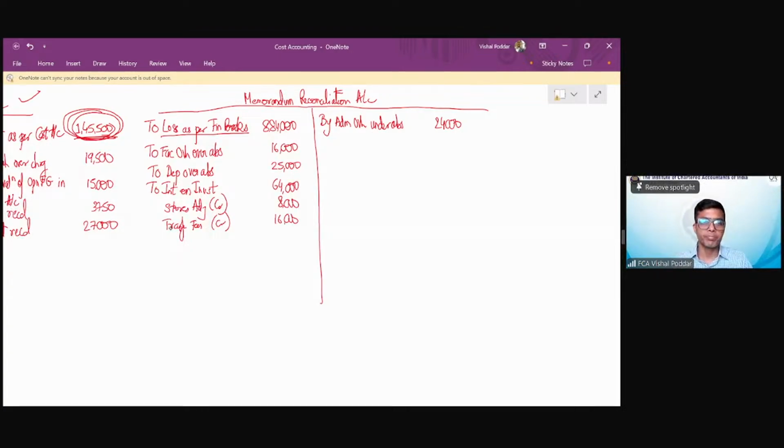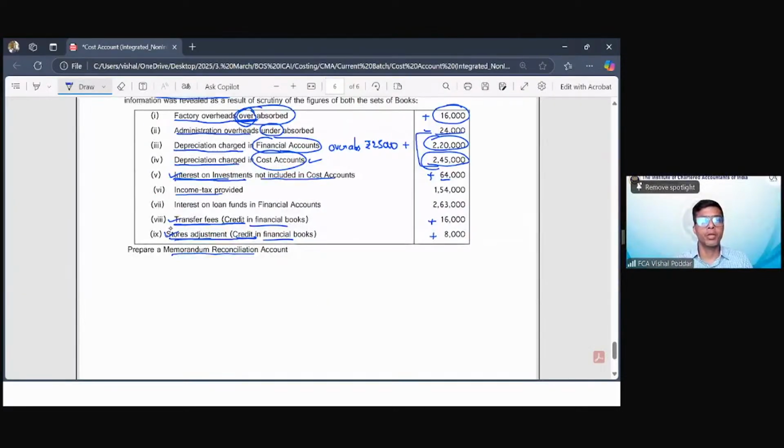Correct? Then you have income tax provided, which is an expense, and interest on your loan funds, which is again an expense. And again, both these are financial expenses, financial items. Again, they will be appearing only in your financial books. Both are expenses.